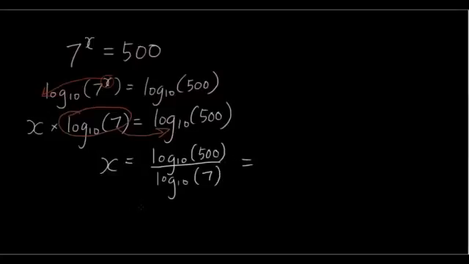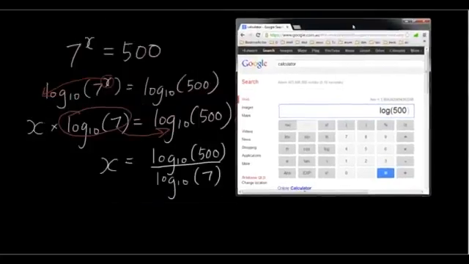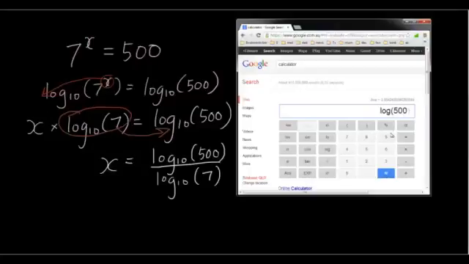And because we can type this in the calculator, this will then solve the problem. So log 500 divided by log 7. Finish the bracket, and then divided by log 7. So be careful when you type this in. Equals 3.19.